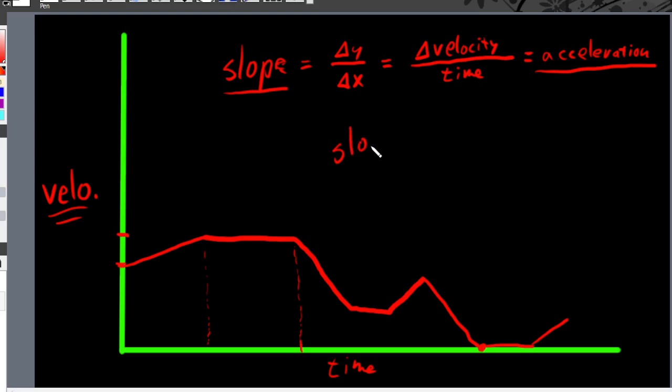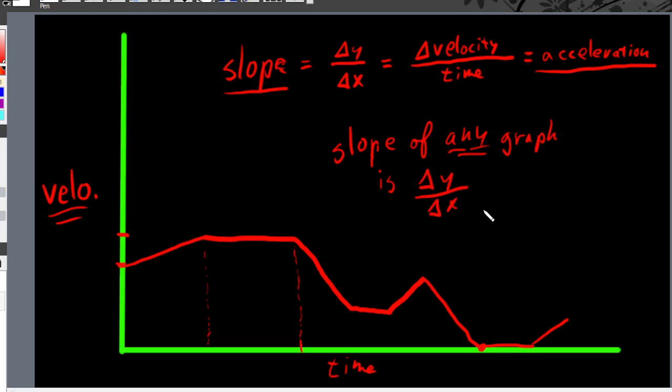There we go, SLOPE. The slope of any graph is delta y over delta x.